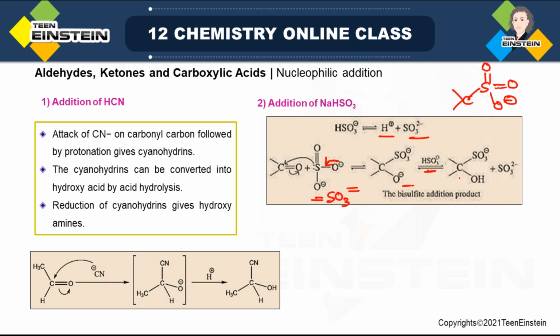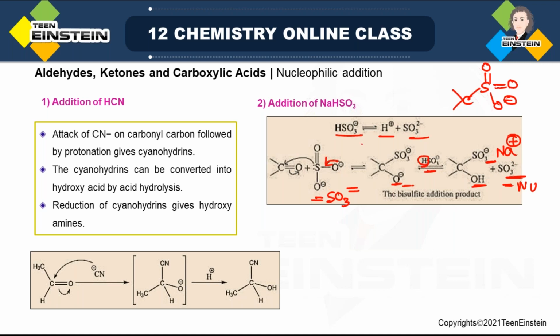From this HSO3 minus, the O minus will take this proton, and as a result it will be converted to OH. And the other part, where we have negative charge, you can also write the counter ion like this. Now the SO3 2 minus that is generated as byproduct can attack the next ketone or aldehyde molecule, because this is the actual nucleophile.